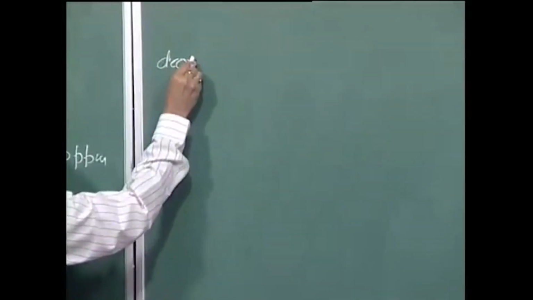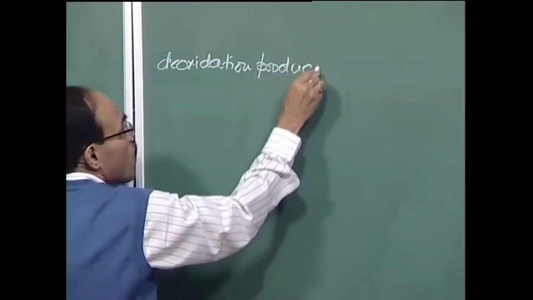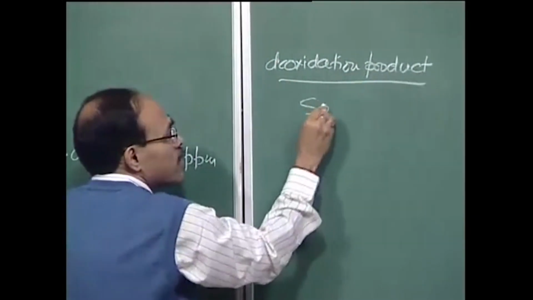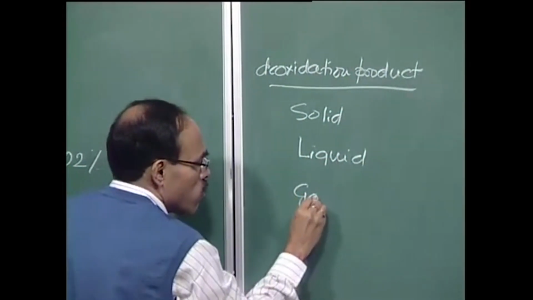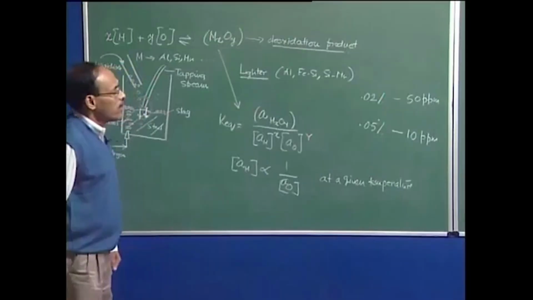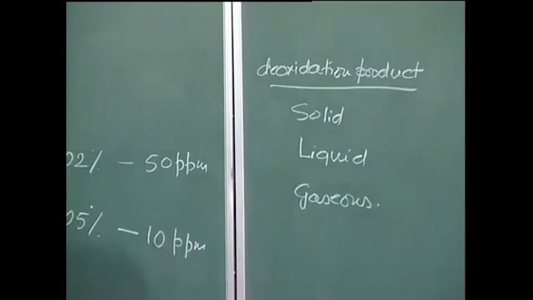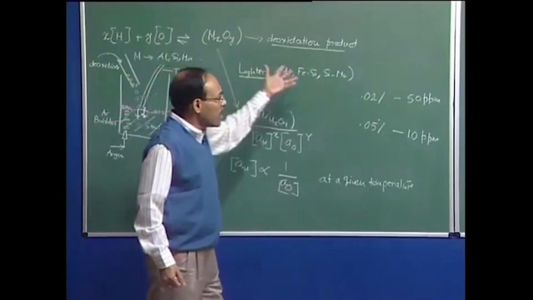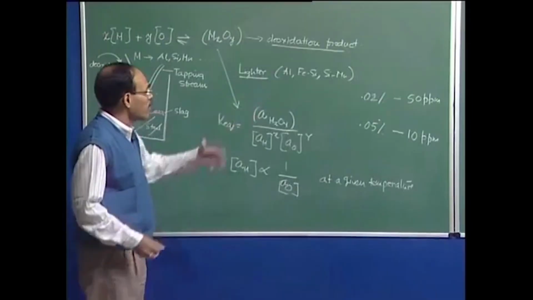We can write: deoxidation product can be solid, liquid, and gaseous. Liquid deoxidation products are basically compounds, as we'll see later on. Solid deoxidation products, as I have mentioned, alumina you can visualize as a solid deoxidation product, and a gaseous deoxidation product is when you add carbon monoxide.